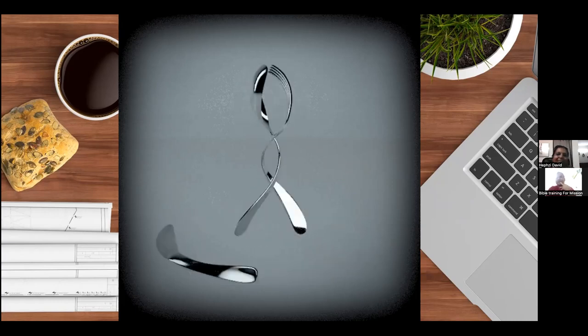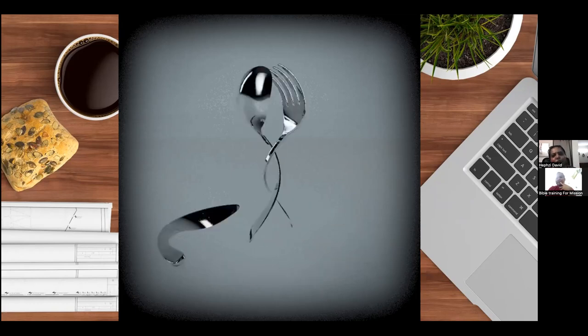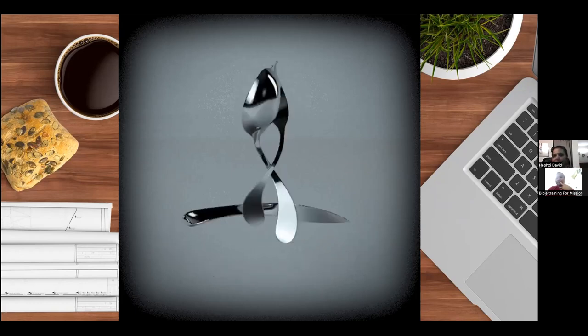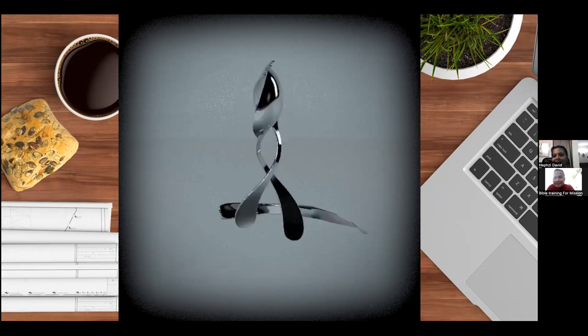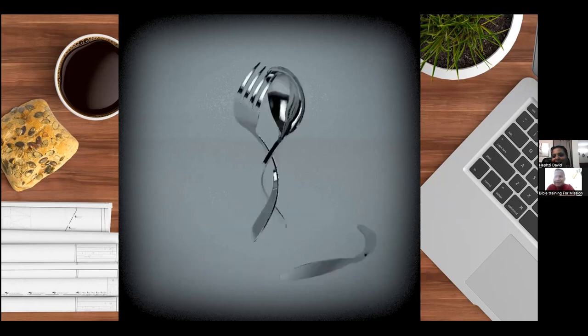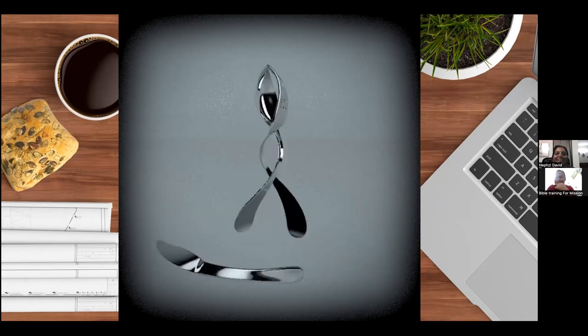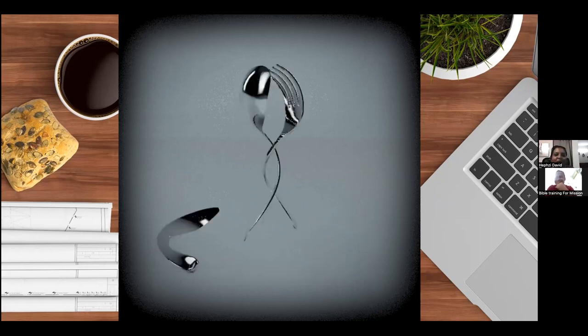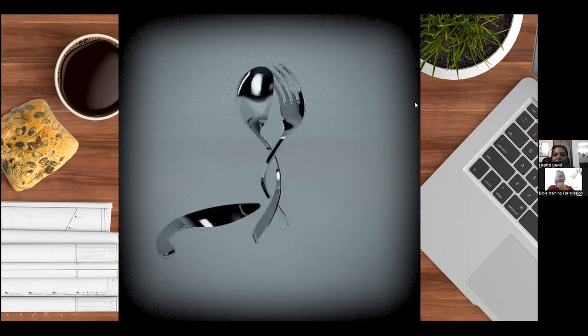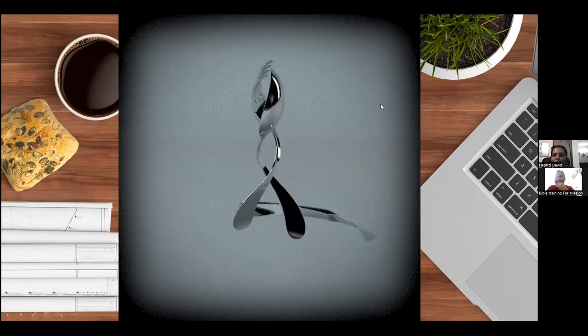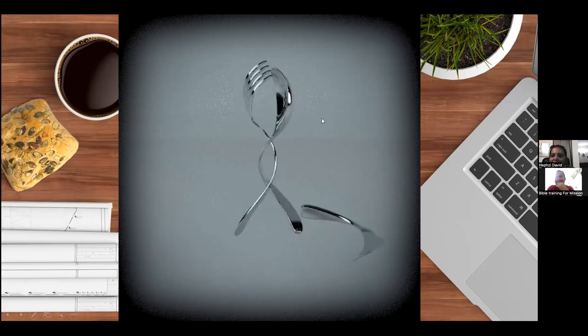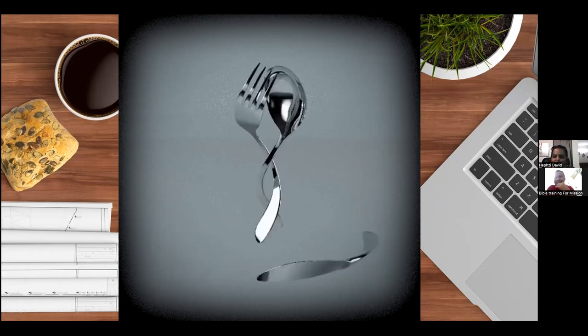No. Yes. Now, what would you use a fork for? Okay. Yeah, what would you use a fork for? What will you do with a fork? To eat. To eat.